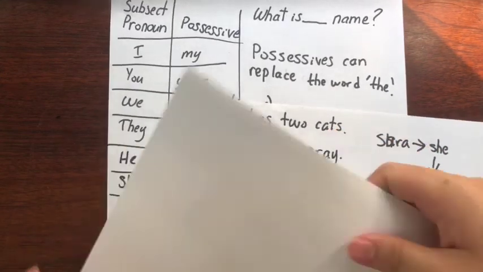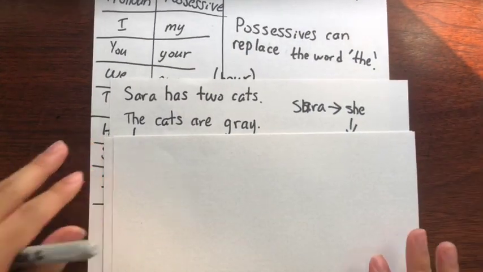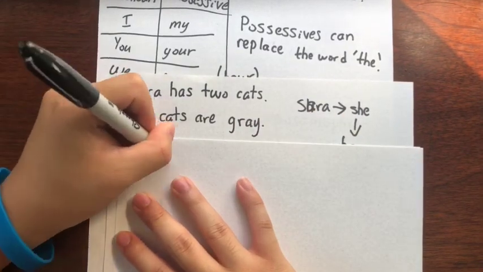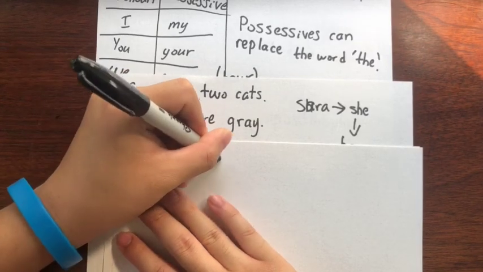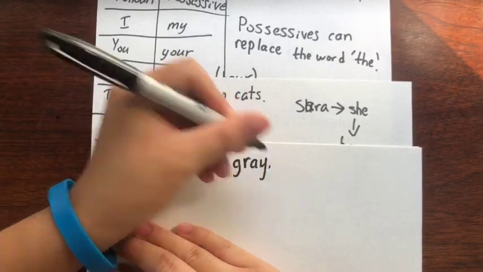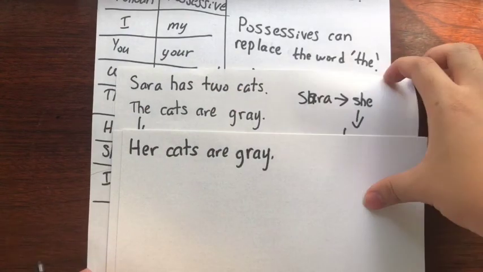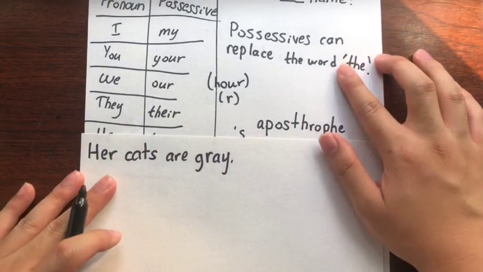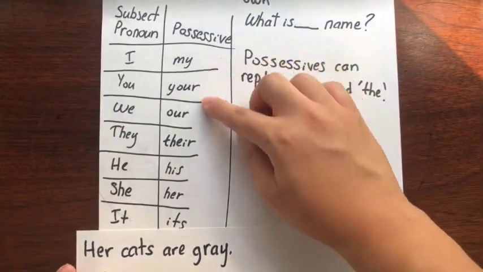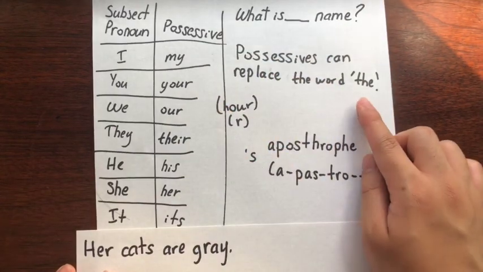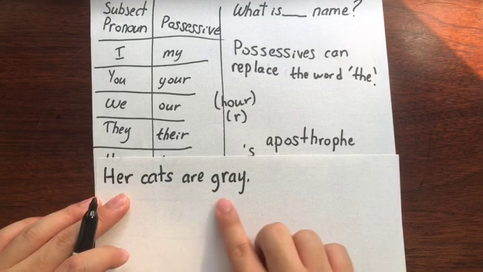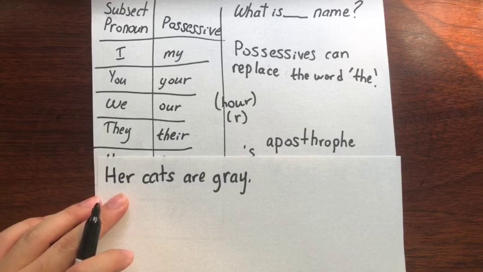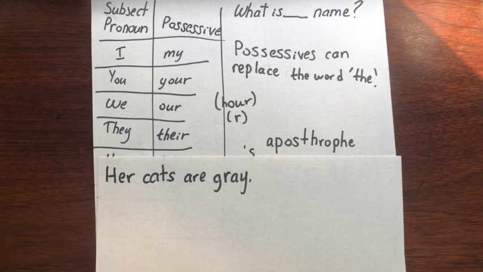So if Sarah has 2 cats and the cats are gray, then we can say her cats are gray. Her cats are gray. Because the possessive adjective, my, your, our, their, his, her, can replace the word the. So the cats are gray, but we want to say that Sarah has the cats. So we say her cats are gray.